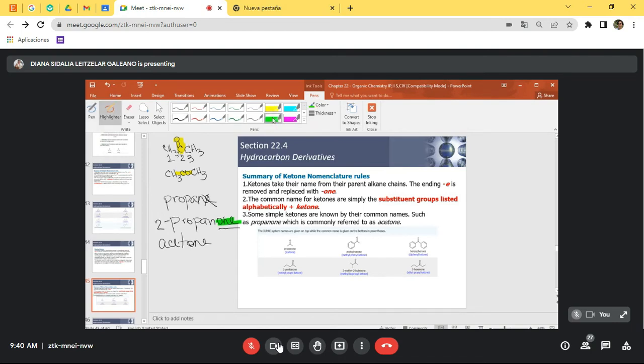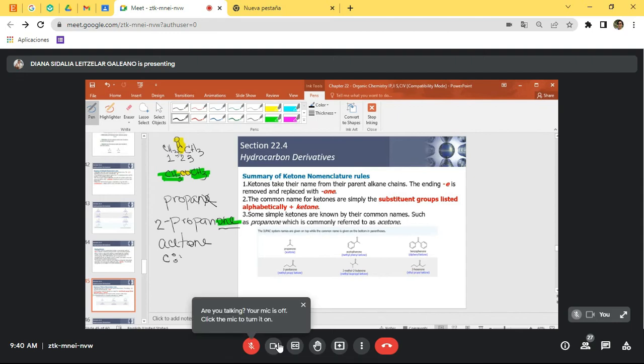Now, ketones are named commonly by listing the substitutes on the sides of the carbonyl group, in alphabetical order. In this case, both are the same.